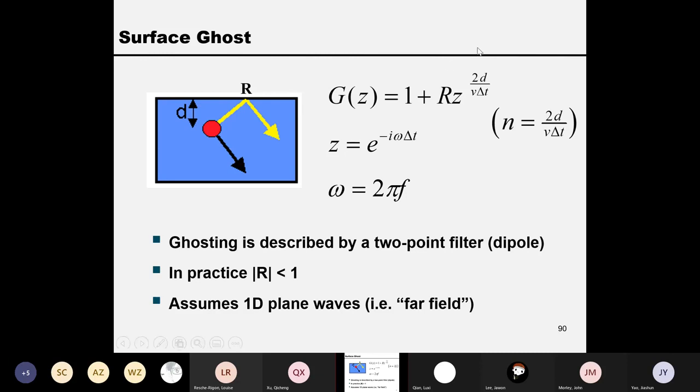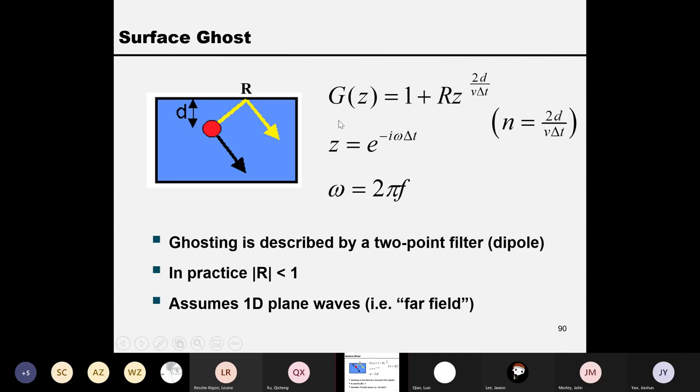So assume the time sample interval is delta T. T divided by delta T is the index. So in this time series, you have 1 and R at index 2D divided by V delta T. That's a perfect example for the Z transform, okay? That's the index N here, 2D divided by V delta T.